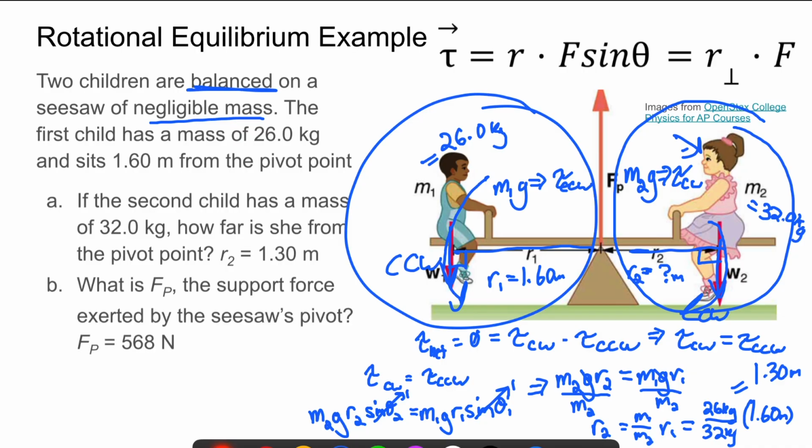So then, to build on top of this, we can take a look at a second part of this problem, which is: what is the force of the pivot of the seesaw? What is the support force exerted by the pivot, right?